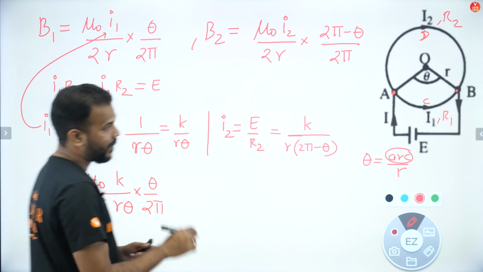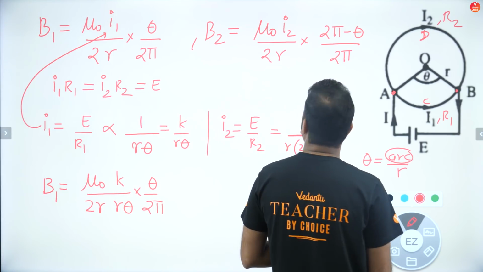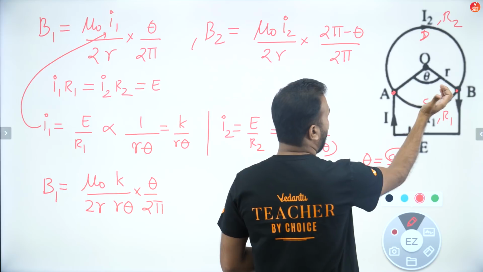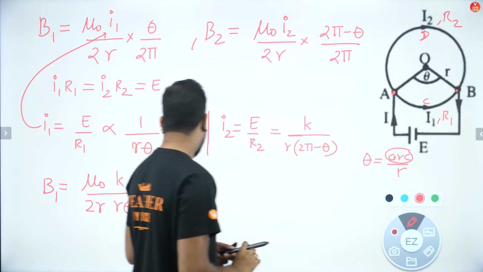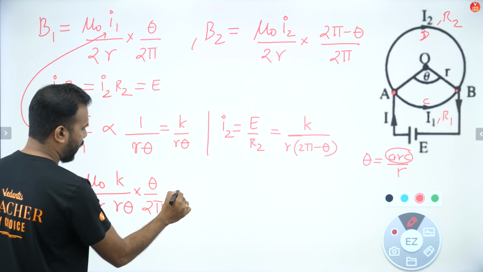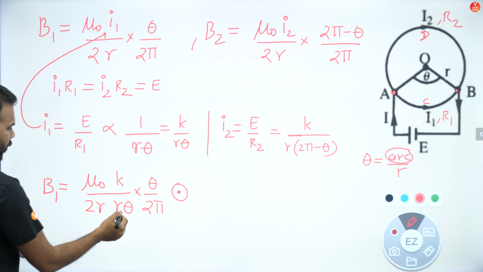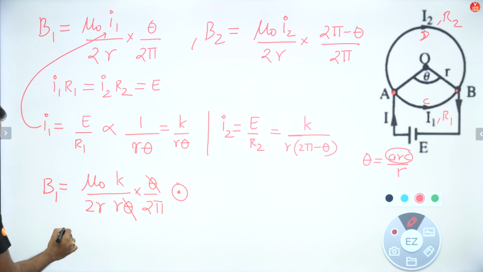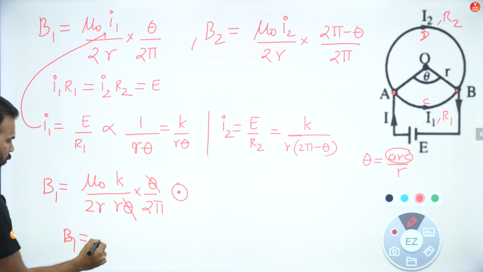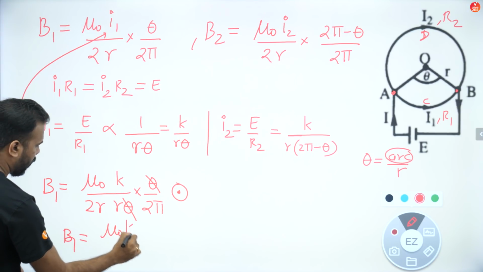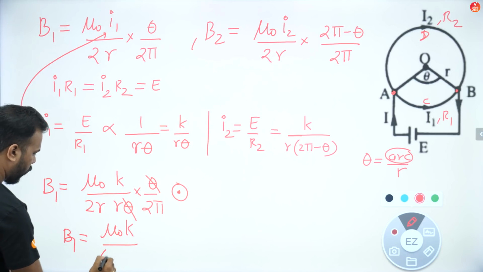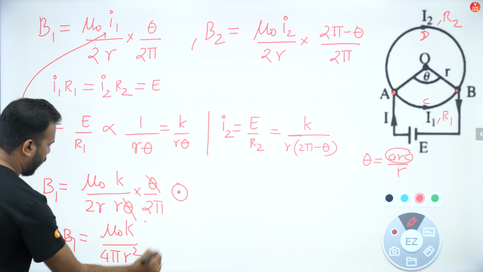And if you can see this in the diagram here, for B1, the magnetic field has a direction that is coming towards you, so let me write it as a dot. Okay guys, so that theta gets cancelled with theta, and B1 comes out to be mu naught k by 4 pi r square.